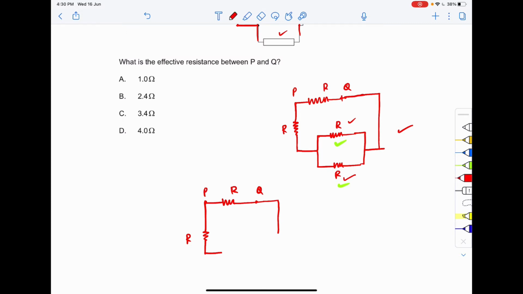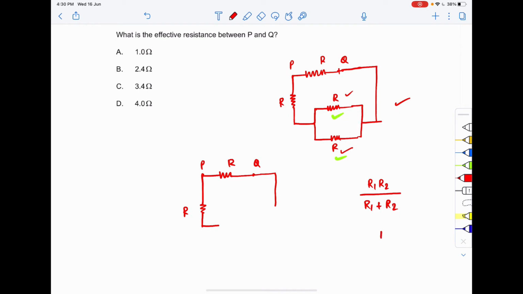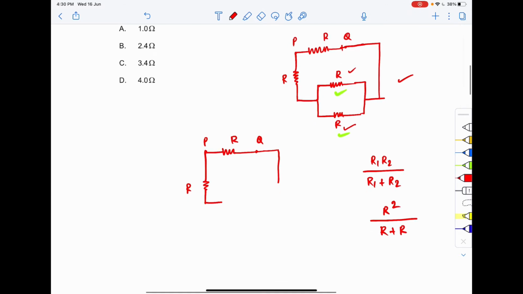What will be the equivalent resistance of these two resistances connected in parallel? The equivalent resistance would be R1 R2 divided by R1 plus R2. R1 is R, R2 is also R, so this will be equal to R square divided by R plus R, so the resistance would be R by 2. So the equivalent resistance of these two resistors would be R by 2. This is the formula for equivalent resistance when two resistances are in parallel.